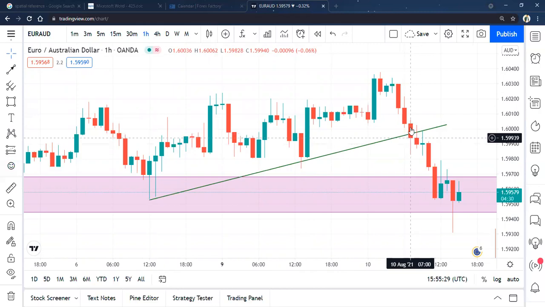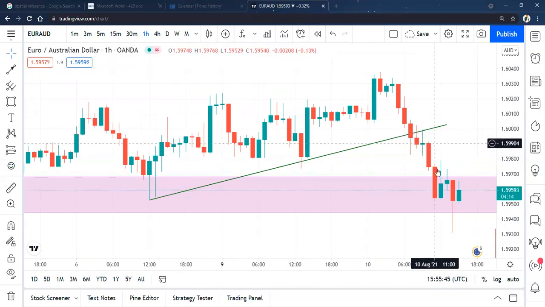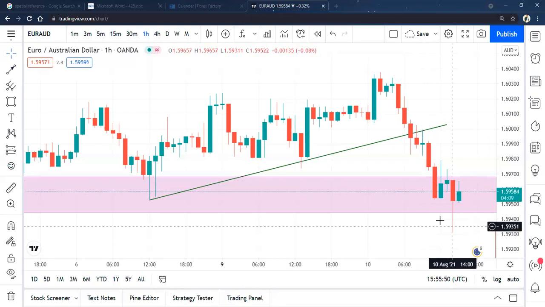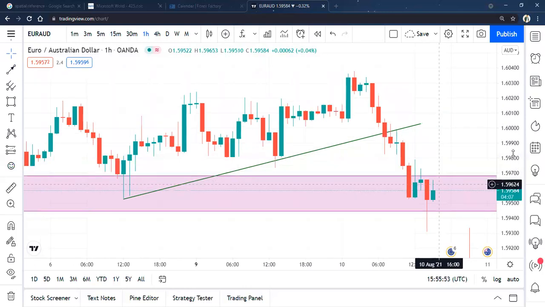From here I could have waited for the price to come back and touch our trend line. I noticed we've had multiple rejections here, so I could have at least taken a short position here. That's how the price came down.